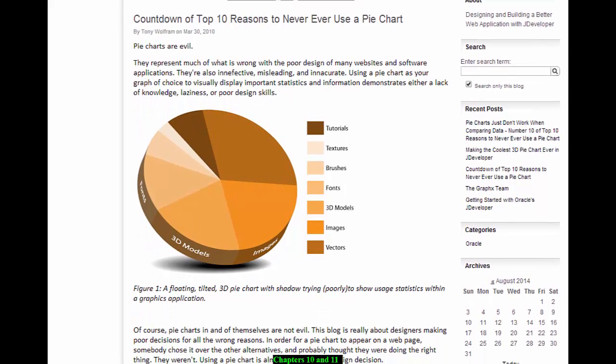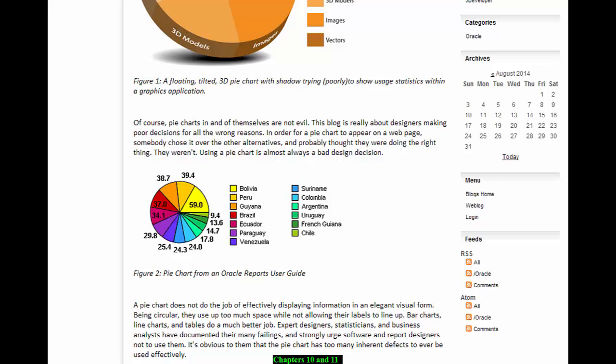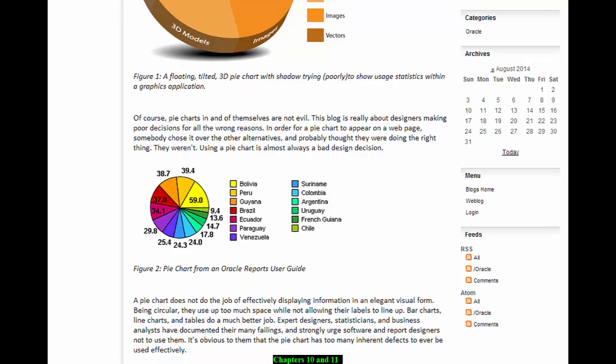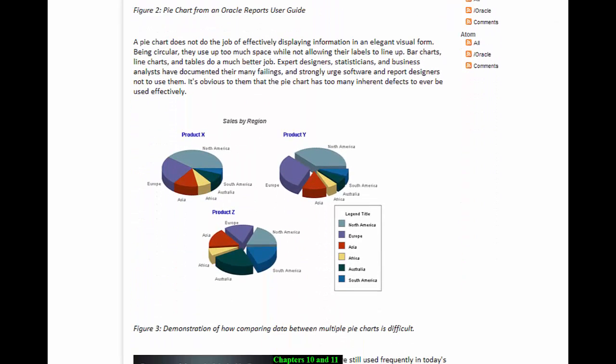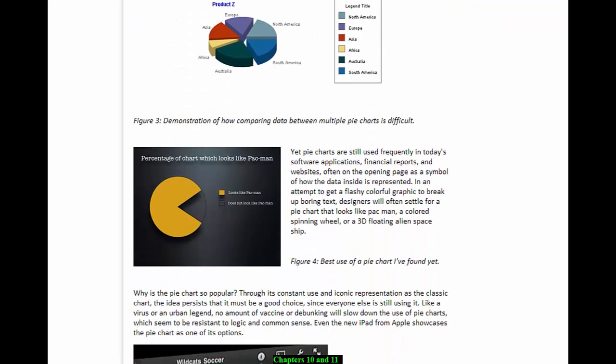So figure 1 on this one is a floating tilted 3D pie chart with shadow trying poorly to show usage statistics within a graphics application. Figure 2 shows how pie charts can be very cluttered and noisy and difficult to read. They can become cluttered way too quickly. Figure 3 shows us that they're not good for making comparisons. It's really difficult for our eyes to take in the area of a wedge and compare, for instance, these yellow wedges against each other on the 3 separate pie charts.